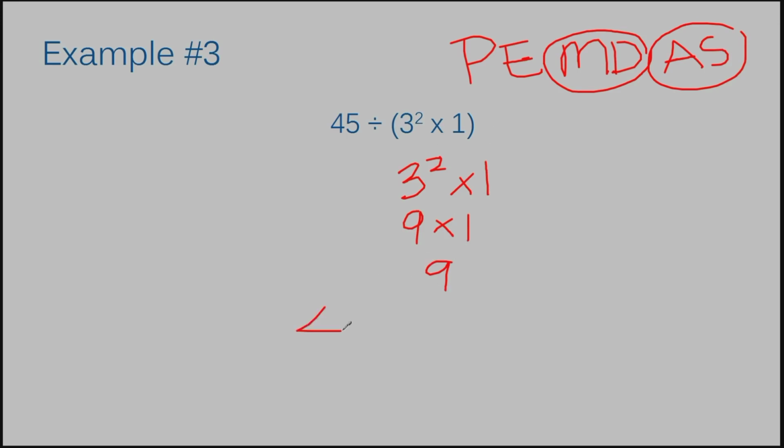So I have a 45 here divided by the 9. And really, this is just the reverse of a multiplication fact. And so we know that 45 divided by 9 is 5. So the answer to example number 3 is 5. Let's move on to example number 4.